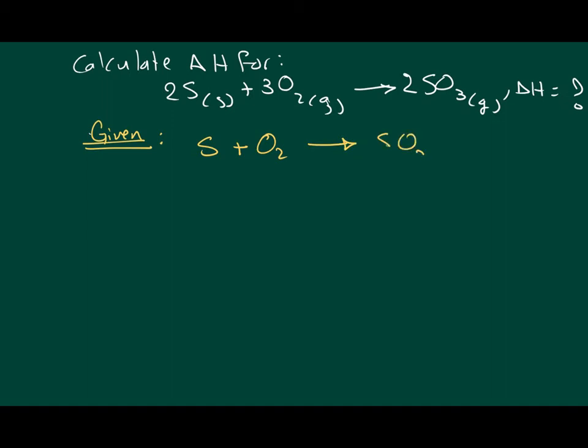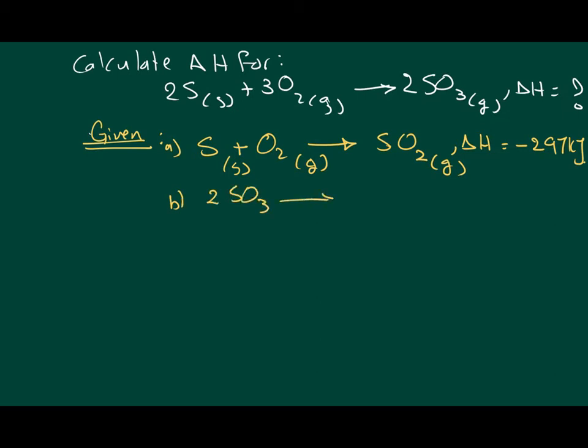So SO2 delta H equals minus 297 kilojoules. That's given to you. Also, you are given another equation: 2SO3 produces 2SO2 plus O2, and delta H equals 198 kilojoules.